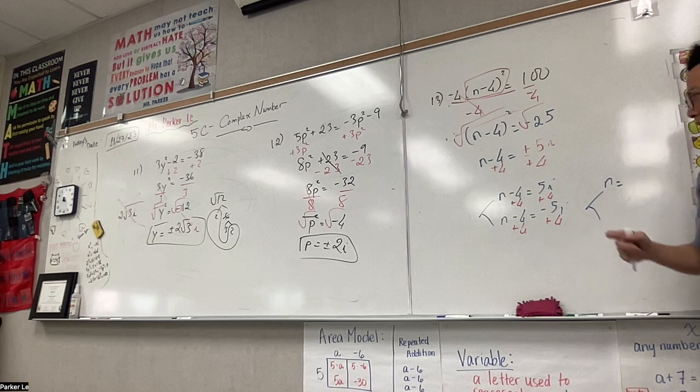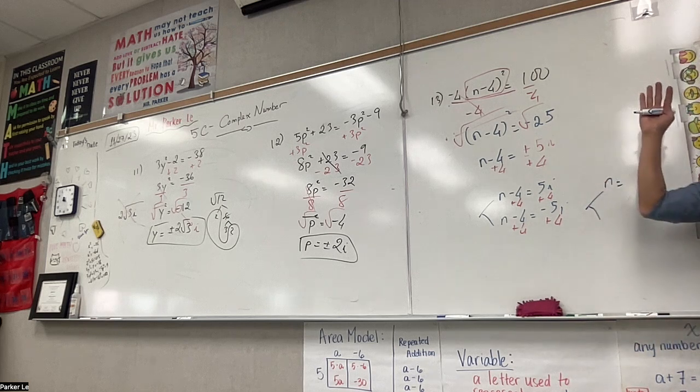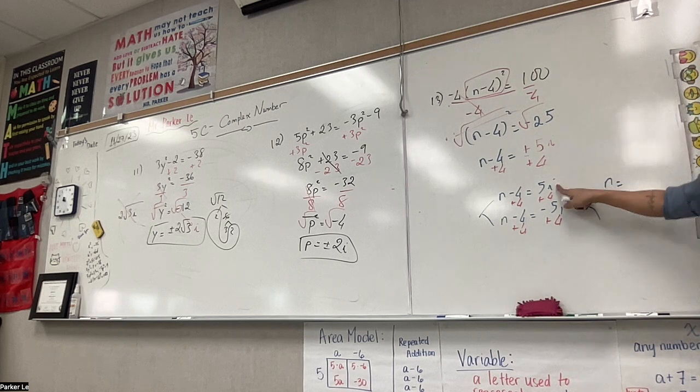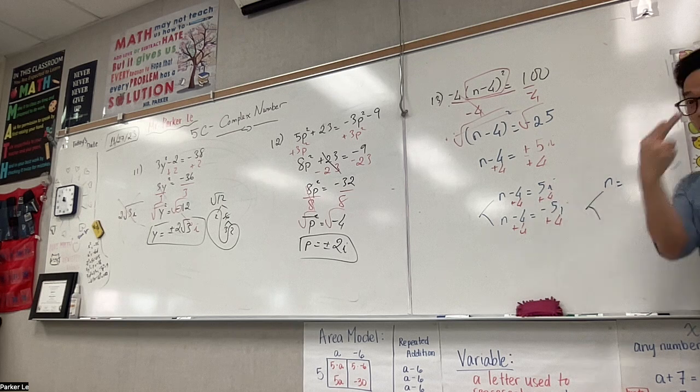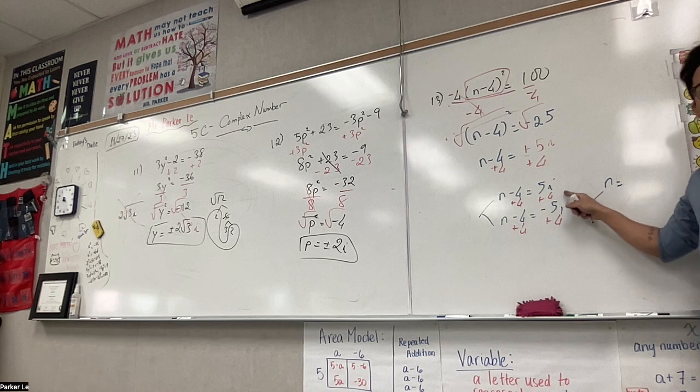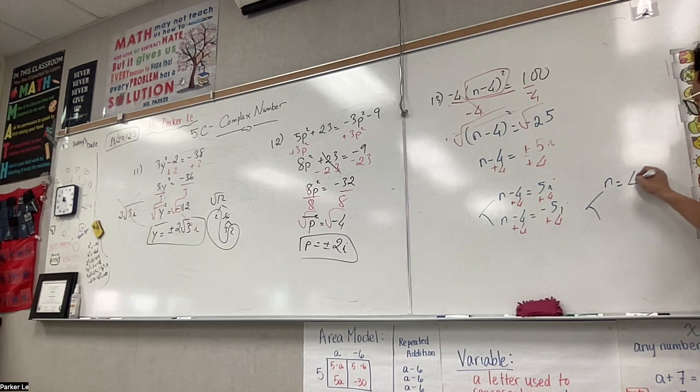And then who said it's going to be 4 plus 5i? Yeah, let's say that too. 5i and 4. Are they like terms? No, this one has i, this one doesn't have i. So you cannot combine them. So you're going to keep them the same. 4 plus 5i. Yeah, you cannot combine the terms. Okay. Same thing here. It's going to be 4 minus 5i.